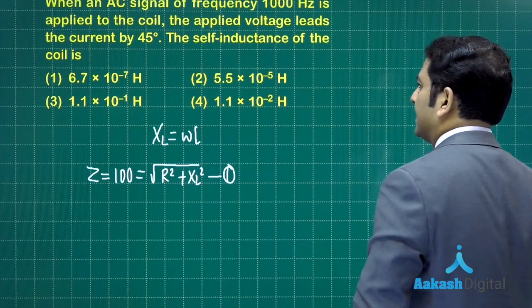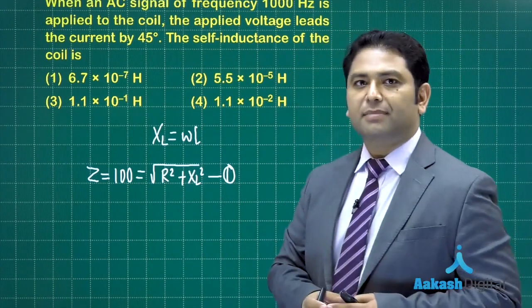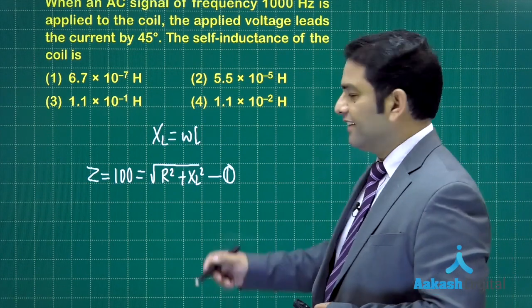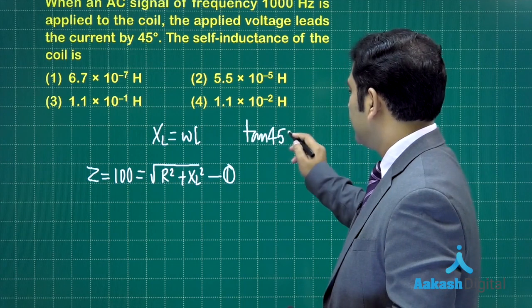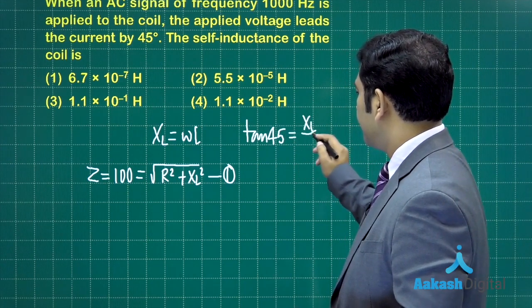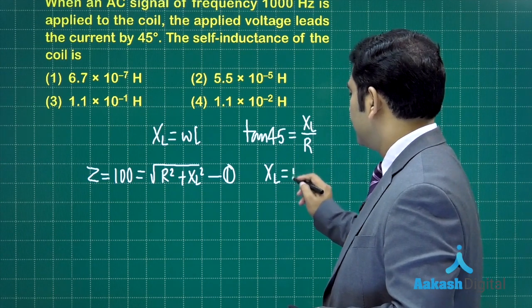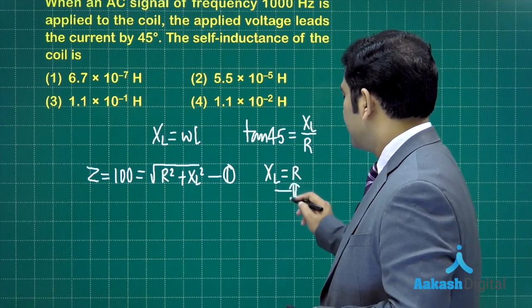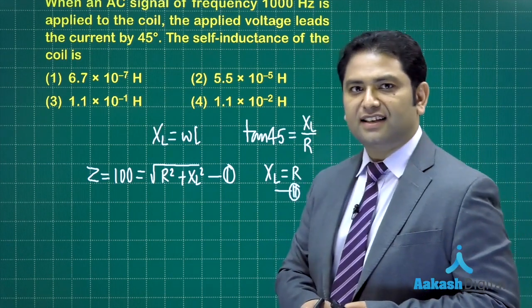Together, it also says that the voltage leads the current by 45 degree. That means if I talk about the phase difference, tan 45 is going to be equal to XL by R. So this equation gives me XL equals R. So with these two equations, you can easily calculate the value of XL.